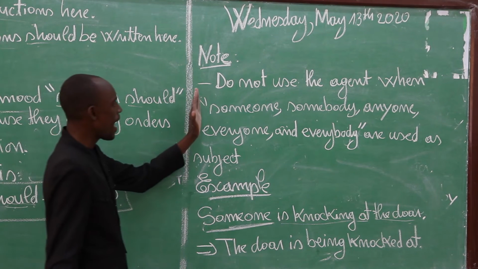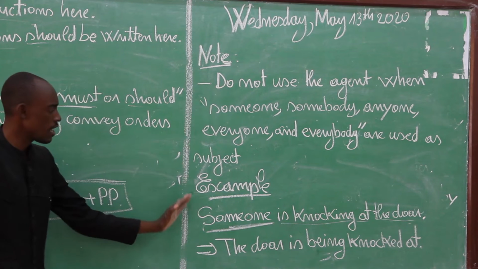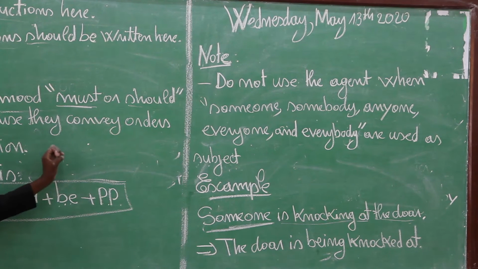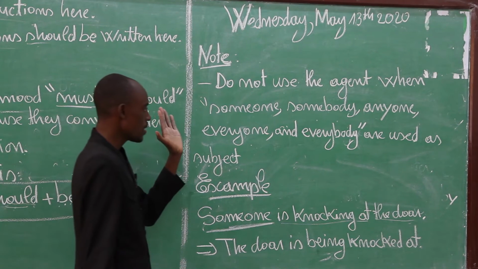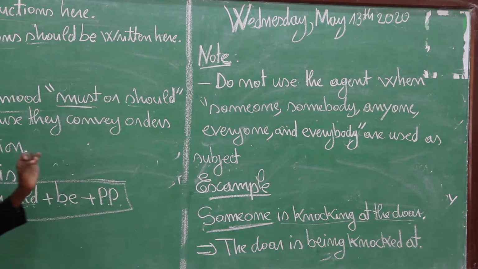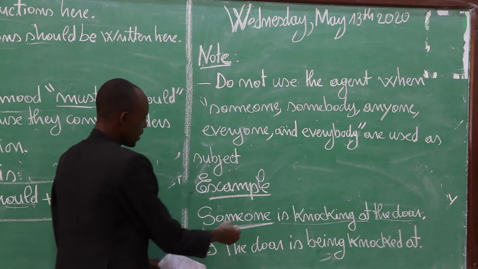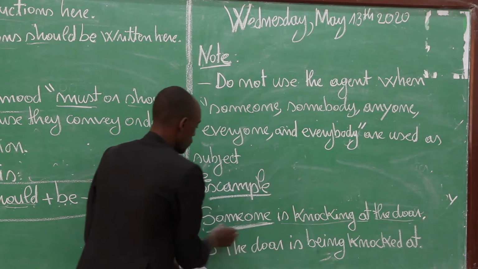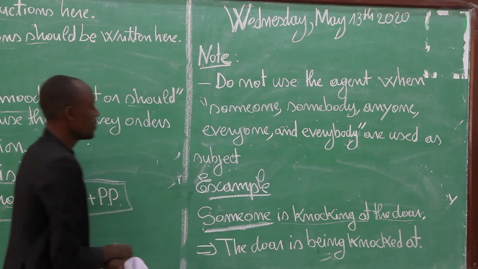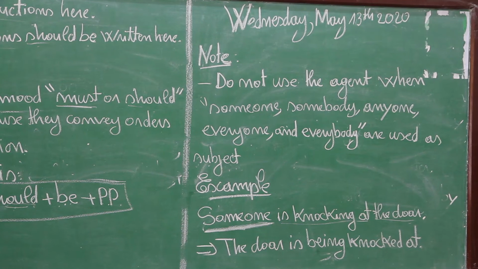When they are subjects in active voice, and in passive voice, we can't use them as the agent. This is why here we cannot use the agent, because in this sentence we have someone as the subject. You can take these notes.